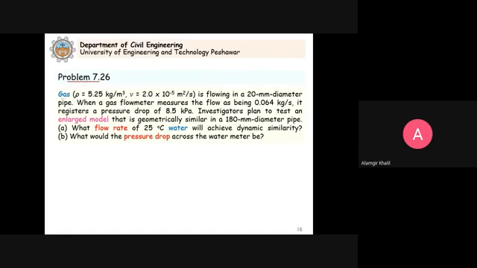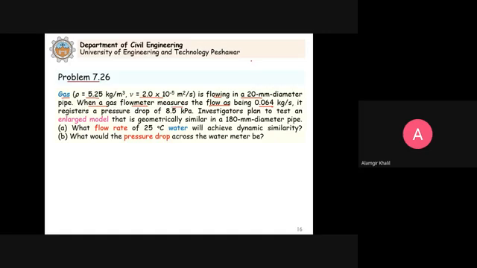In this case we have a gas whose density and kinematic viscosity are given, and it is flowing in a 20 millimeter diameter pipe. A gas flow meter measures the flow as 0.064 kilogram per second.